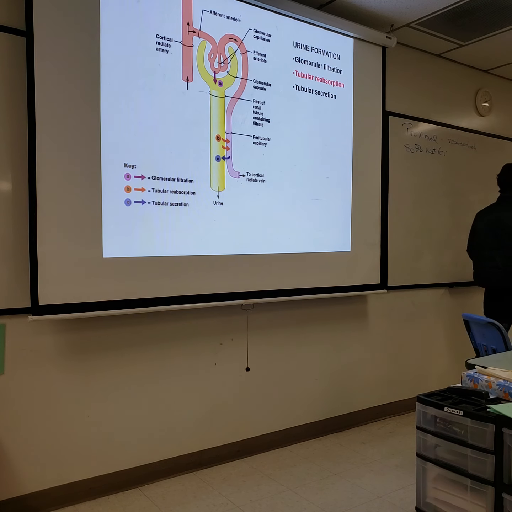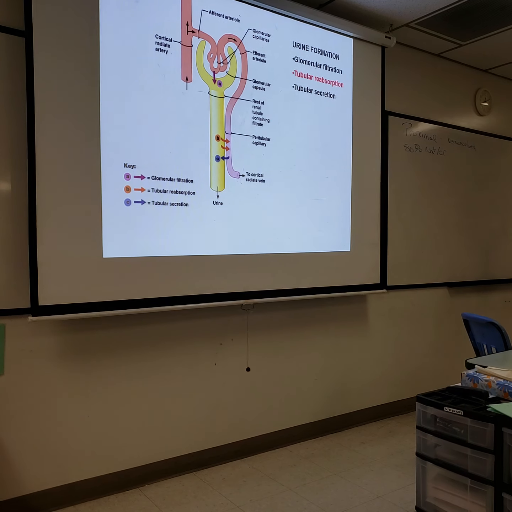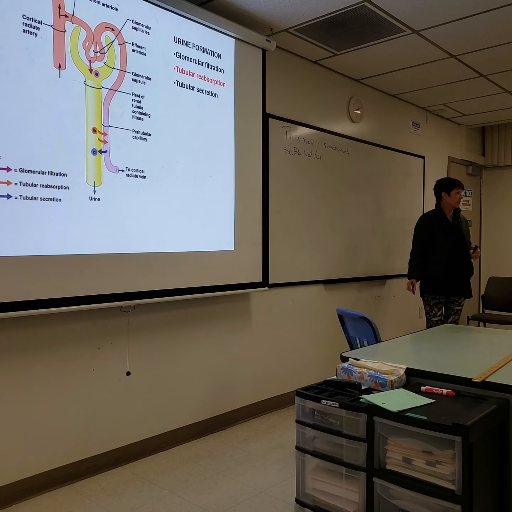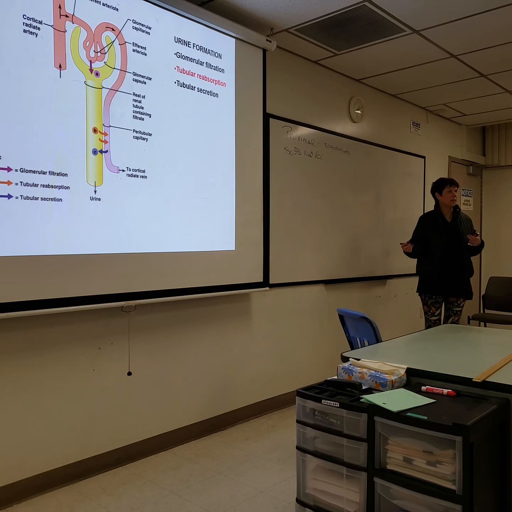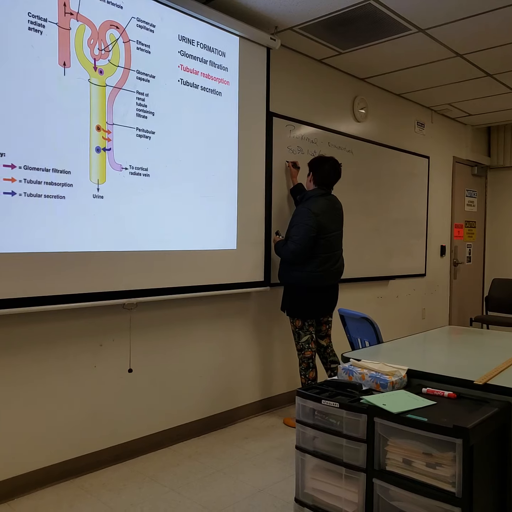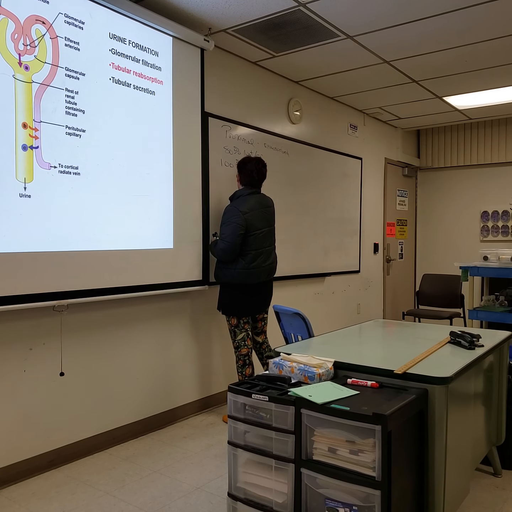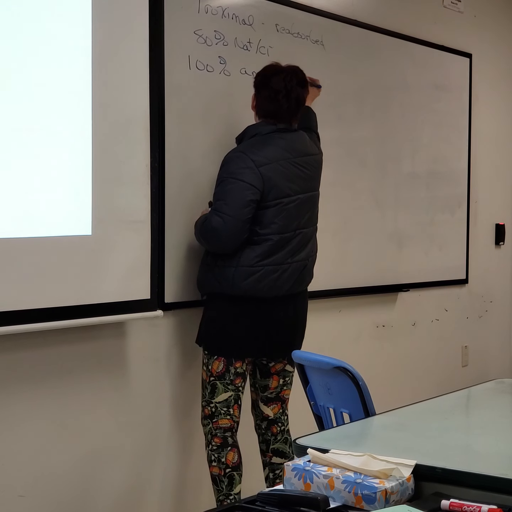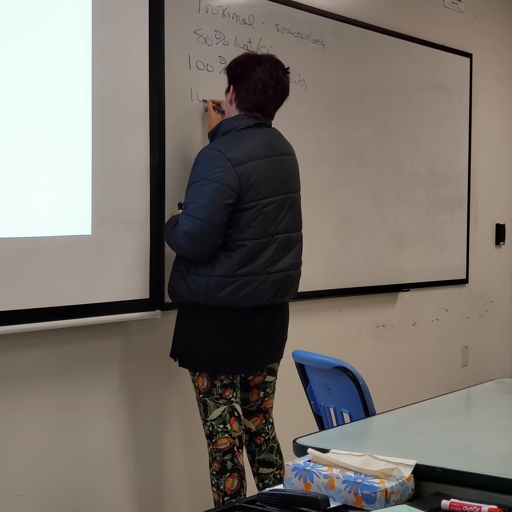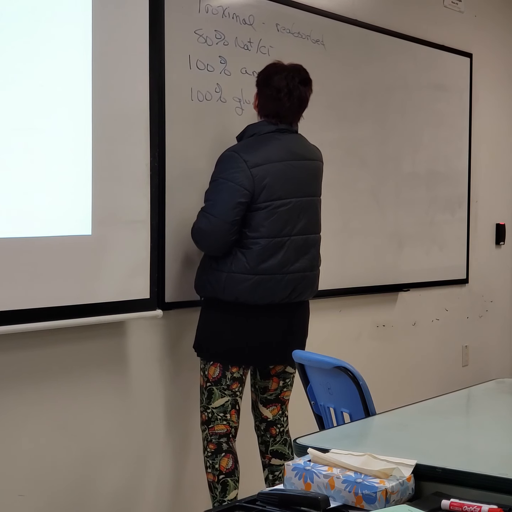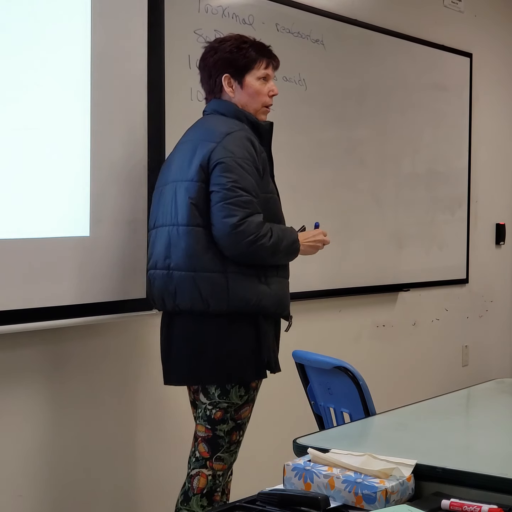The other 20%, some is going to be excreted in the filtrate, the urine, some is going to be reabsorbed in the distal convoluted tubule, and some is going to be utilized in the nephron loop to make our gradient. And then, as long as the numbers aren't overwhelming, 100% of amino acids and 100% of glucose is going to be reabsorbed.